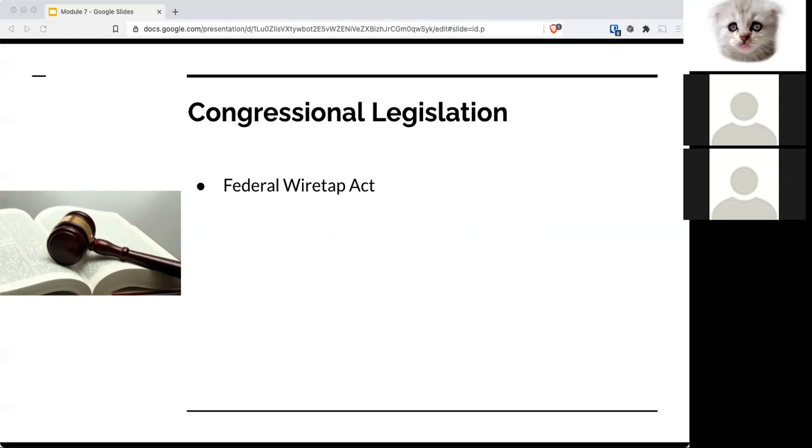The Stored Communications Act says there are no Fourth Amendment protections when using an ISP or an email provider. Stored communications are defined as any temporary, intermediate storage of a wire or electronic communication incidental to the electronic transmission thereof, and any storage of such communication by an electronic communication service for purposes of backup protection of such communication.